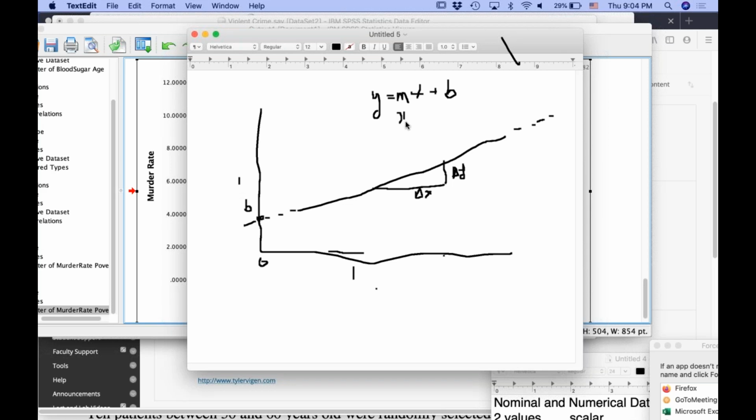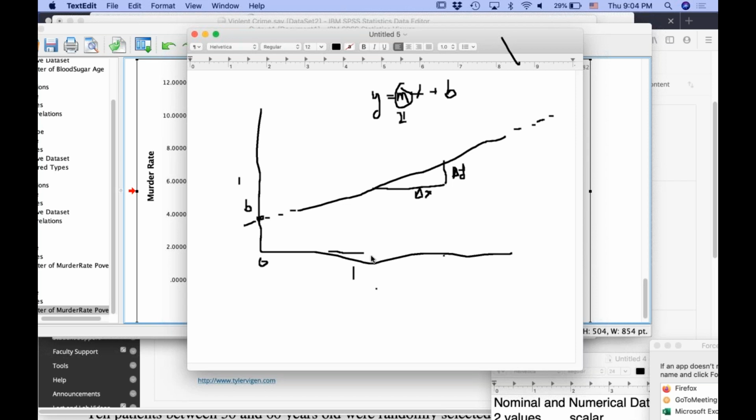If the slope is equal to 2, every time you increase the x-axis by 1, you increase the y-axis by 2. A slope of this might be 0.75 or something like that, because it's not 45 degrees. That's what the slope represents: this m represents the slope of this line.